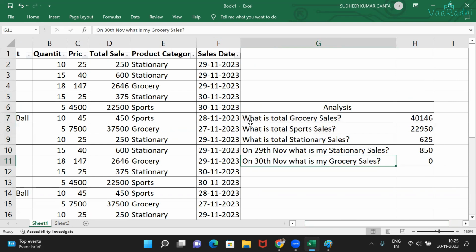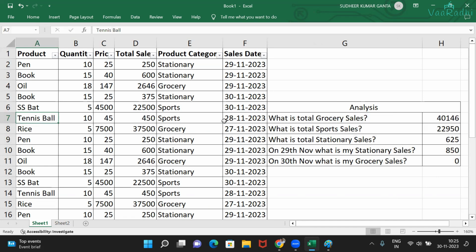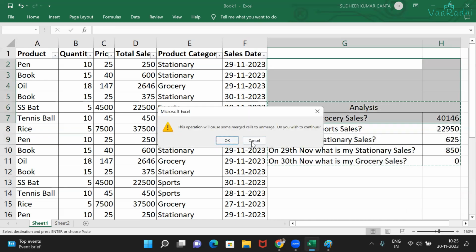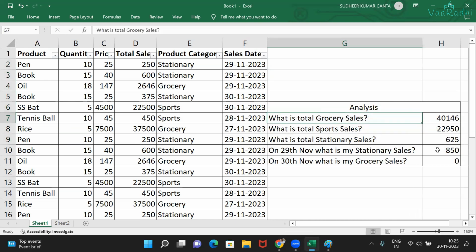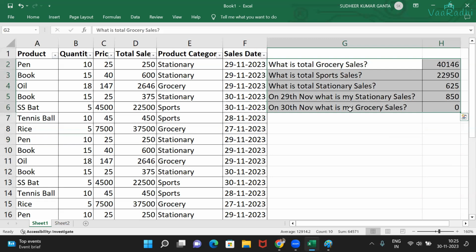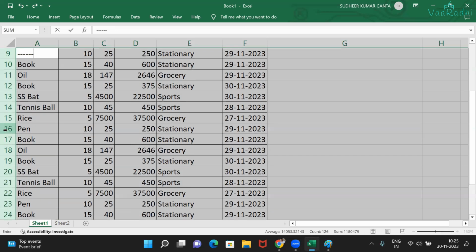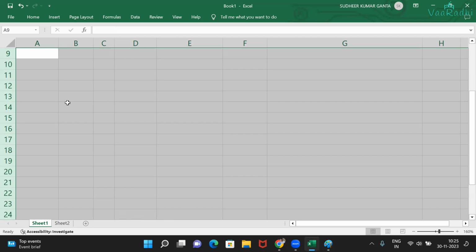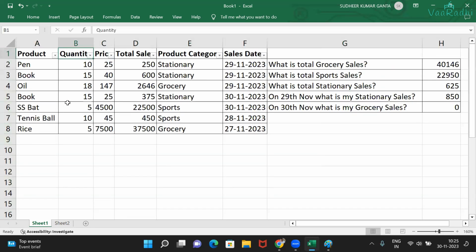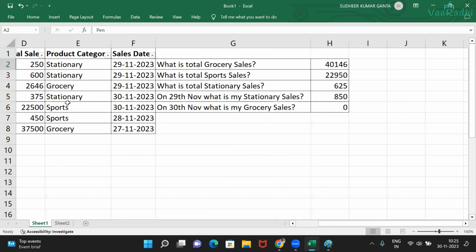Now I'll remove all the other data. I have removed it and retained my previous data as is.